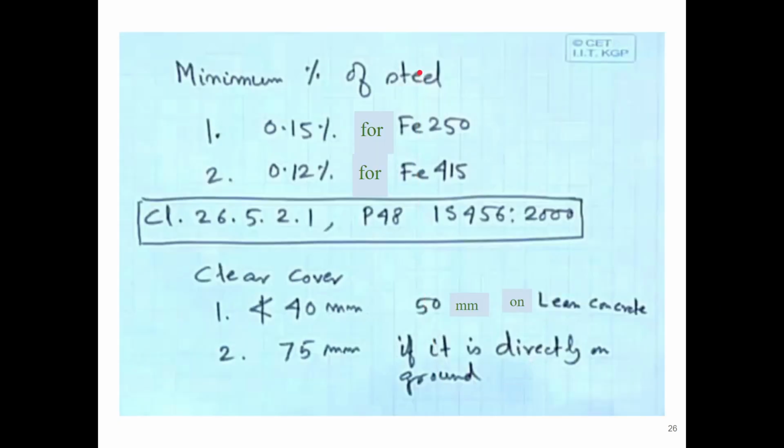As per clause 26.5.2.1, the minimum percentage of steel is 0.15% for Fe250, that is mild steel, and 0.12% for Fe415, that is high yield strength deformed steel, HYSD. And the clear cover from the steel should not be less than 40 millimeter.